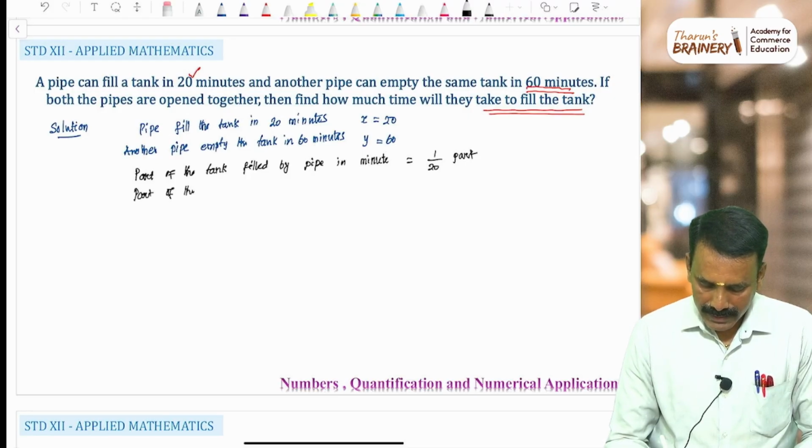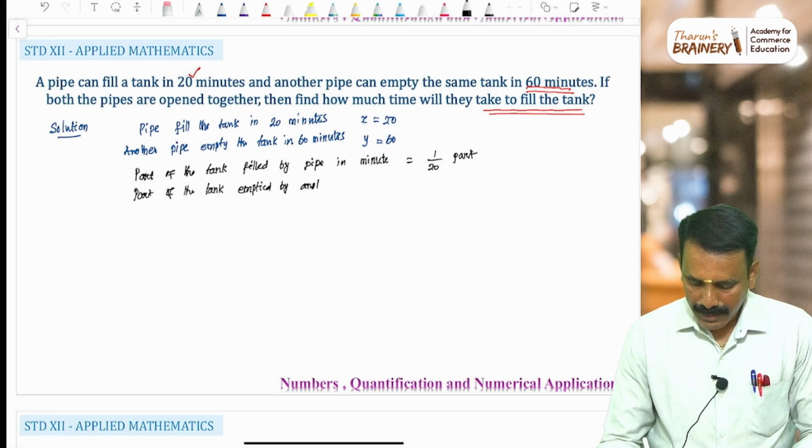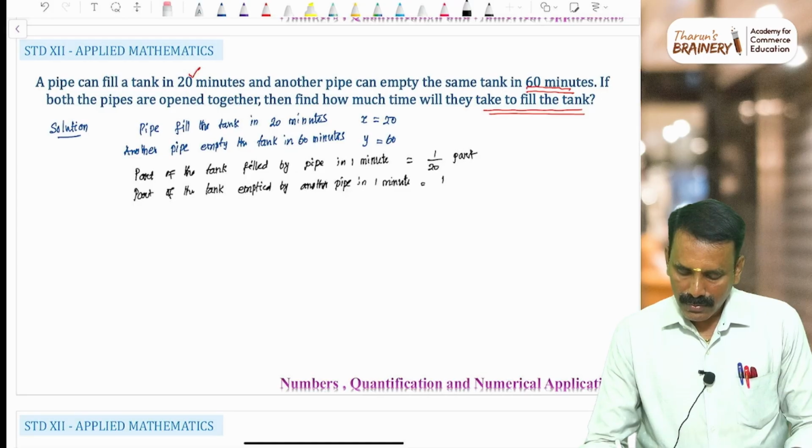Part of the tank emptied by another pipe in 1 minute is equal to 1 by 60 part.